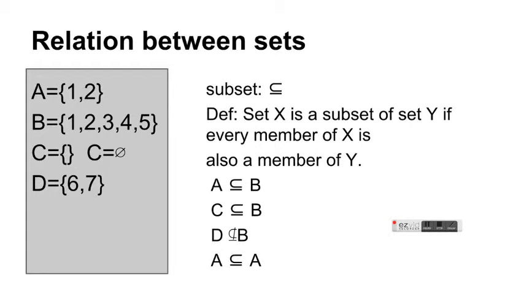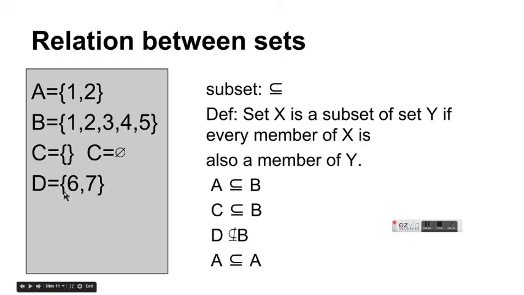And we can have a relation between sets as well. For example, if we have these 4 sets, set A is 1, 2, set B is 1, 2, 5, and set C is an empty set, we have 2 ways to represent empty set.